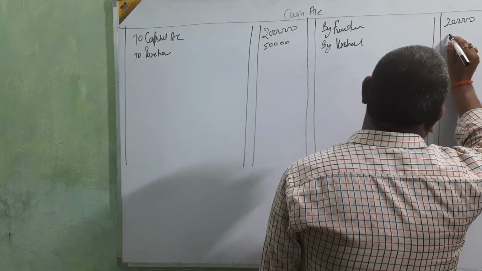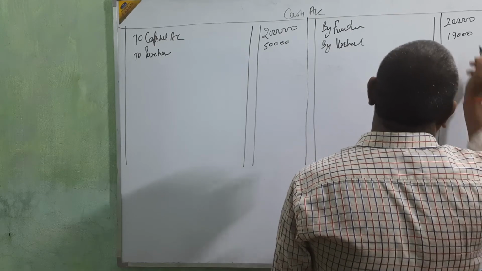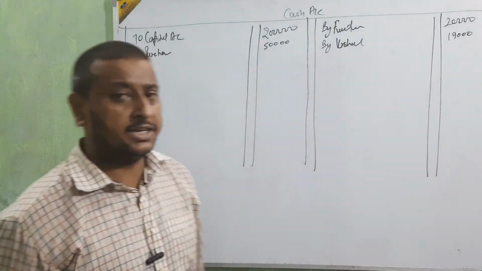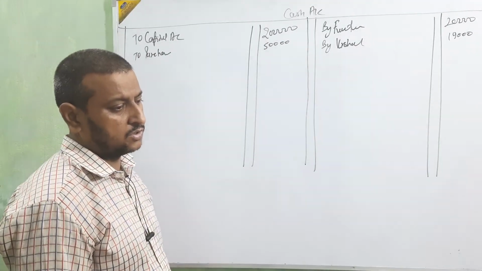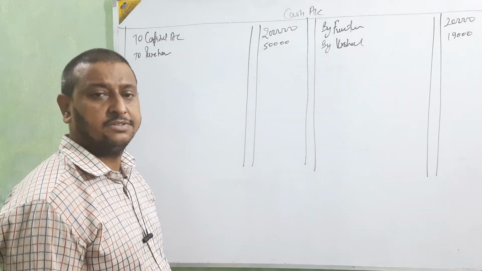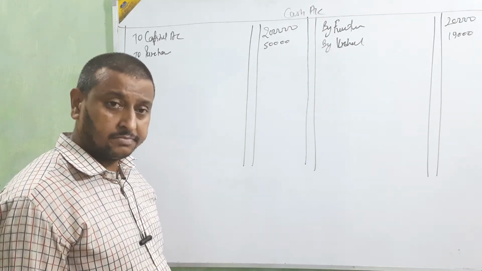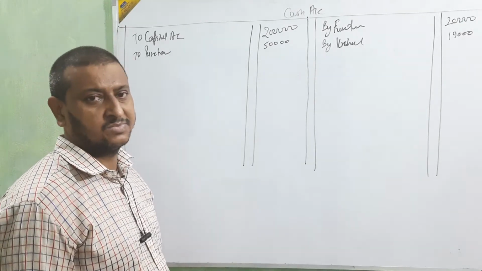Okay, 19,000. Now we enter the 19,000. In front of cash only 19,000 we are taking. Next.